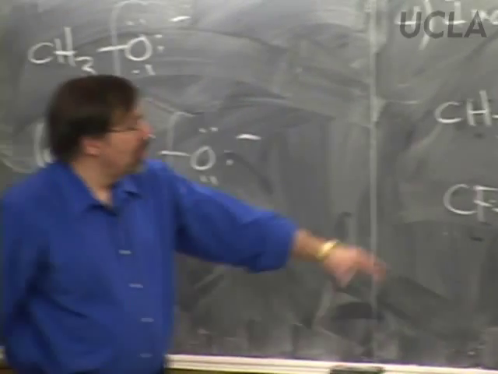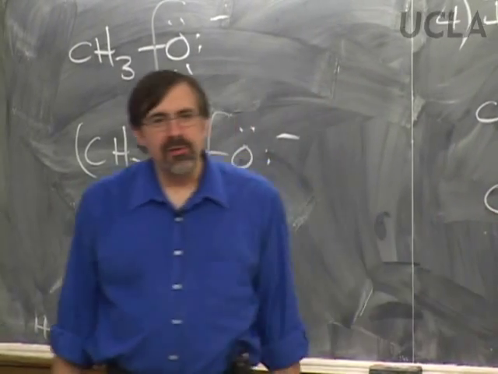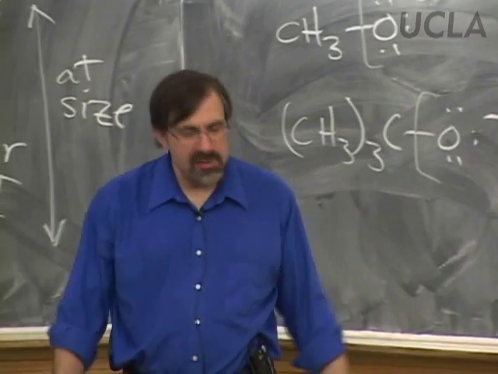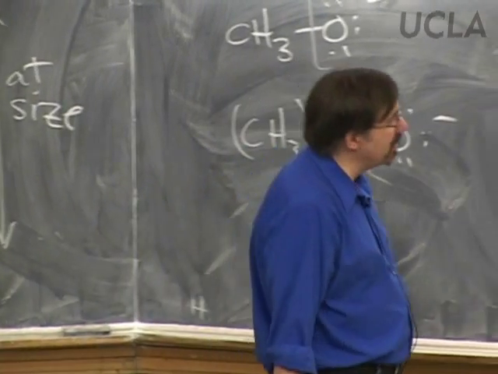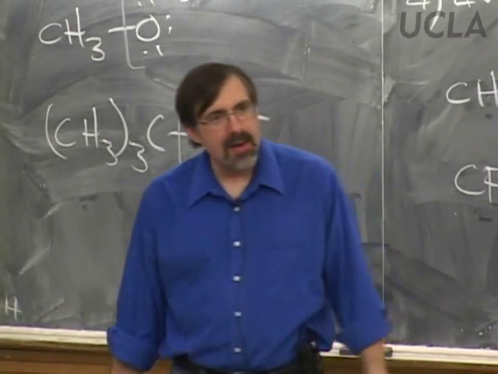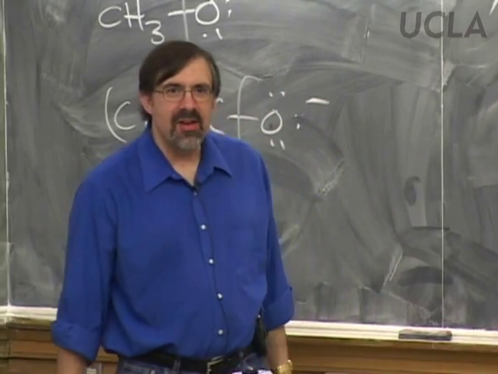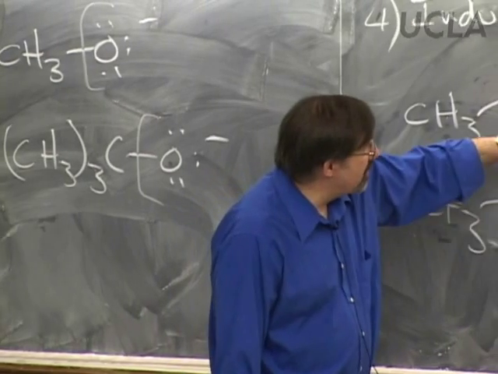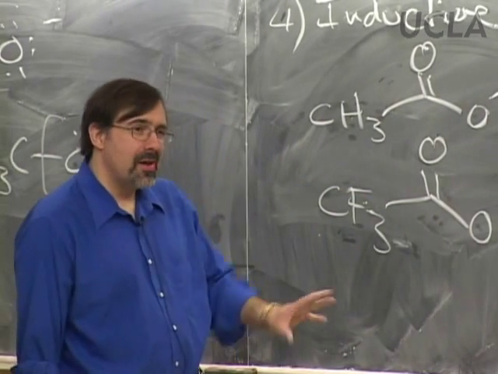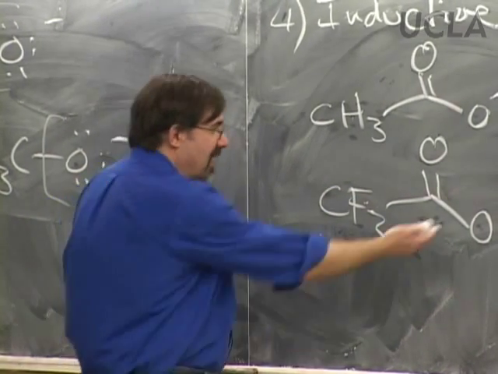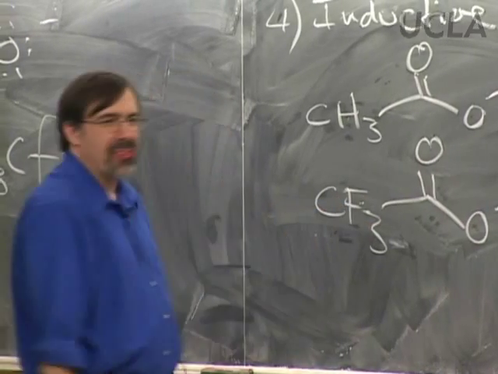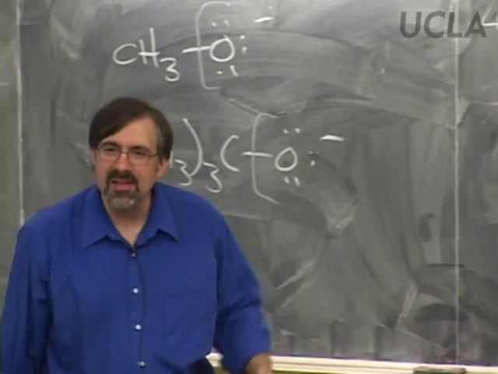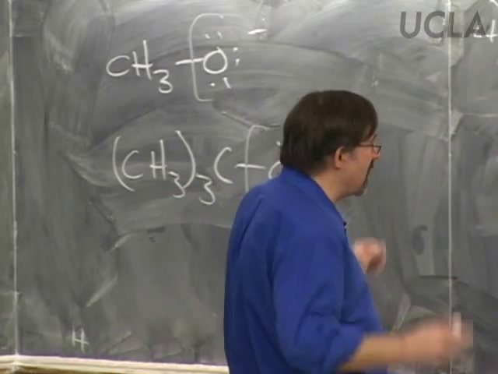Well, when you think of that, what do you think of fluorine? It's the difference, hydrogen versus fluorine. Fluorine's different than other elements in a lot of ways, but what's one thing that it's the champion at? Electronegativity. Now, this is not directly an electronegativity effect, because these oxygens have the same electronegativity, but it is kind of an electronegativity at a distance effect. You can think of inductive effect as remote electronegativity, if you will.